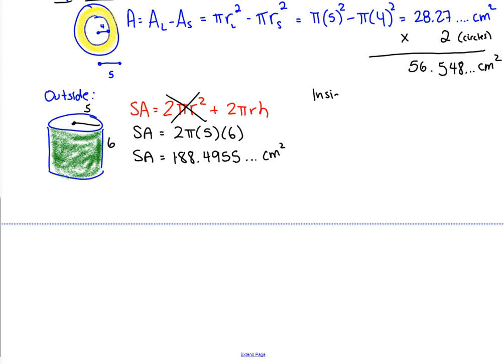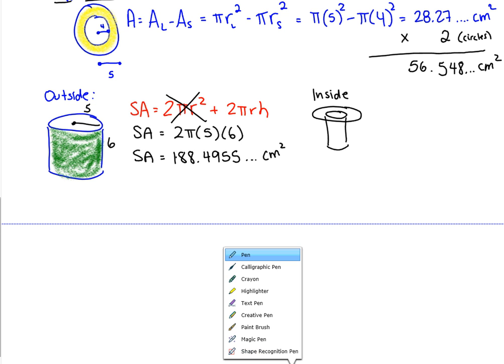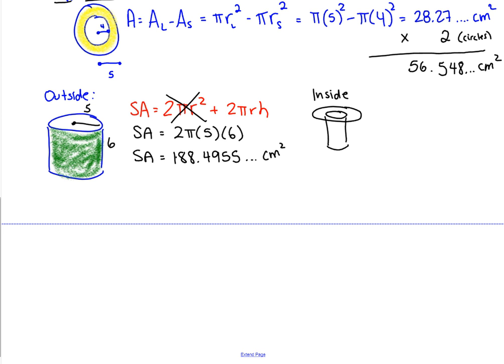The inside of the small, we actually want this portion here. That's too red. Right? This part here of our cylinder. So again, what part of the surface area formula do we want for the cylinder? 2 pi r h again. Just the 2 pi r h.